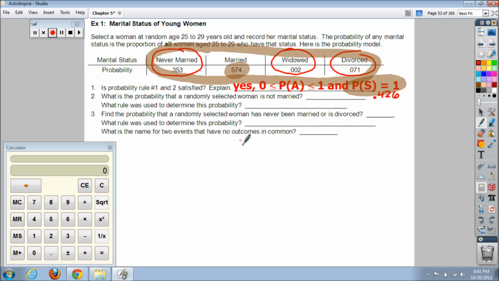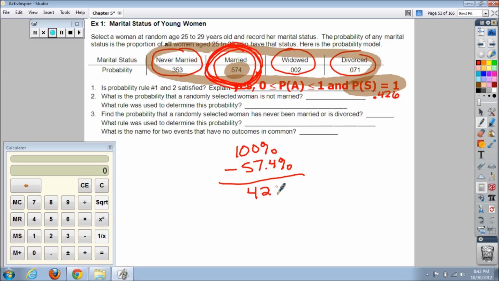So what if I just took my 100% and subtracted away the one type of woman I wasn't concerned about, the married women? So if I subtracted away 57.4% from everyone, what's left over? 42.6%, which is the same thing as adding together the individual probabilities.